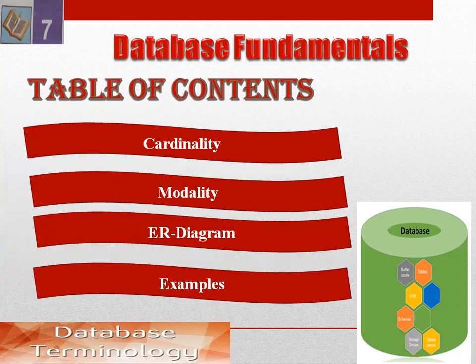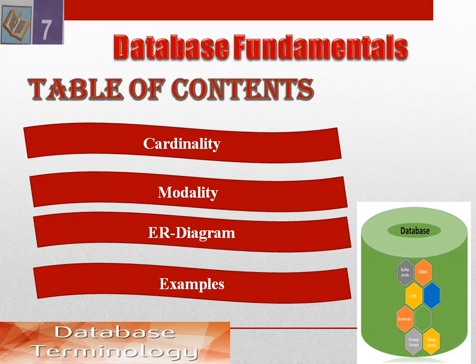In our previous lecture, we discussed the degree of relationship. The number of participating entities in a relationship is known as the degree of the relationship. It has two types, unary relationship and binary relationship. When we talk about the relationship, cardinality and modality specify the business rules in a relationship.